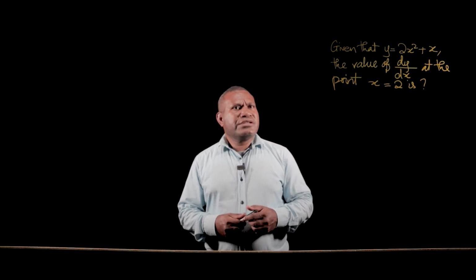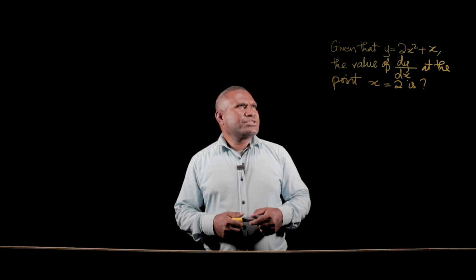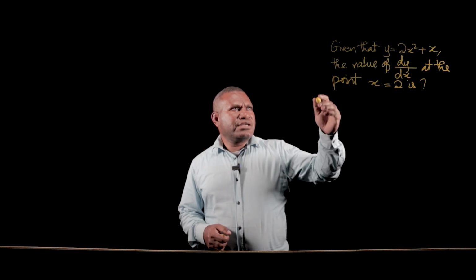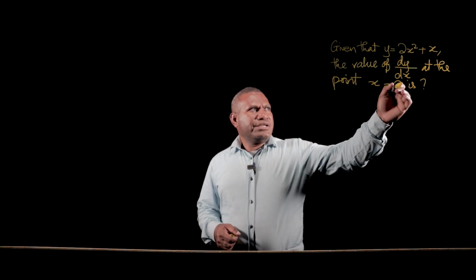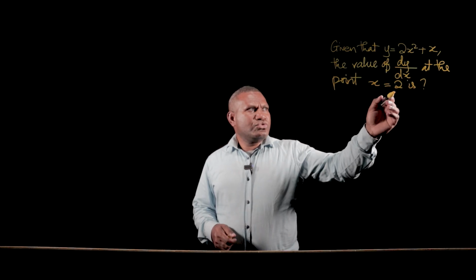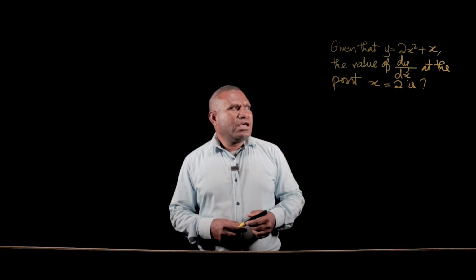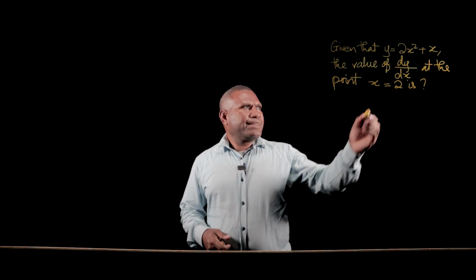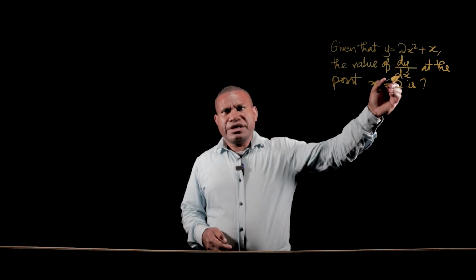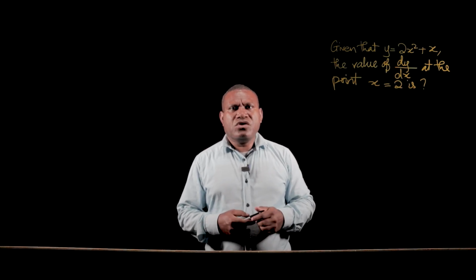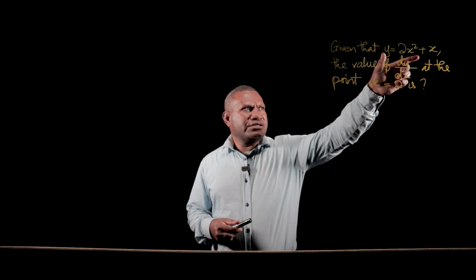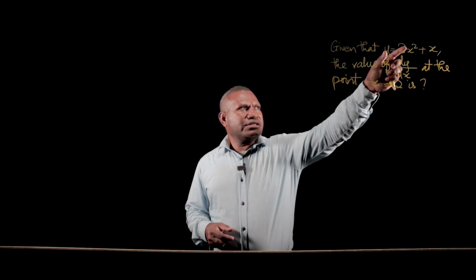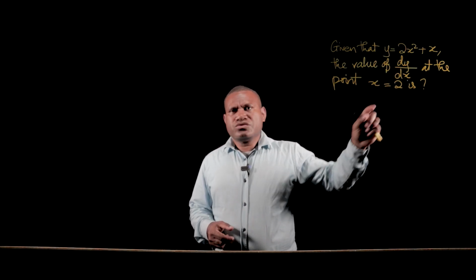The question here reads: given that y is equal to 2x squared plus x, the value of dy over dx at the point x equals 2 is... Now, if you read the question carefully, you will realize that dy over dx is the notation for the derivative or the gradient function of this function. So what you are asked to find here is the gradient of this function at point x equals 2.